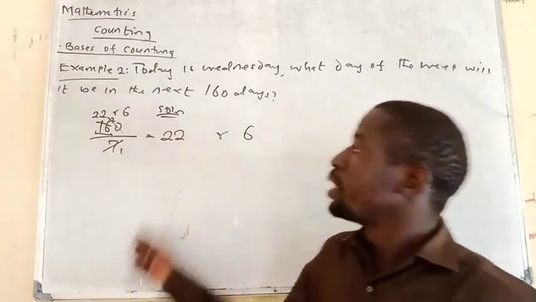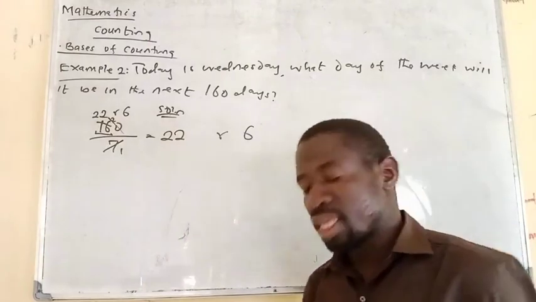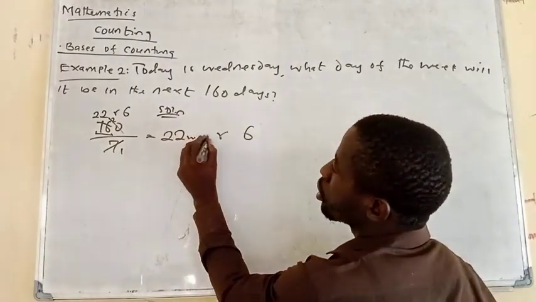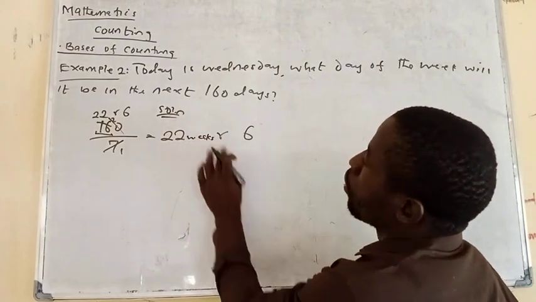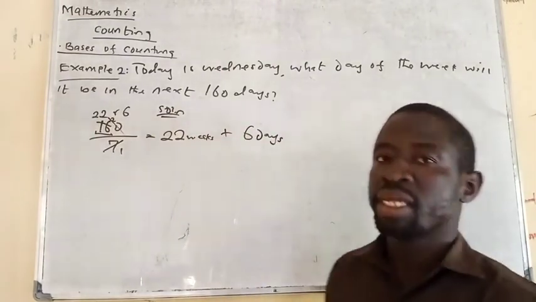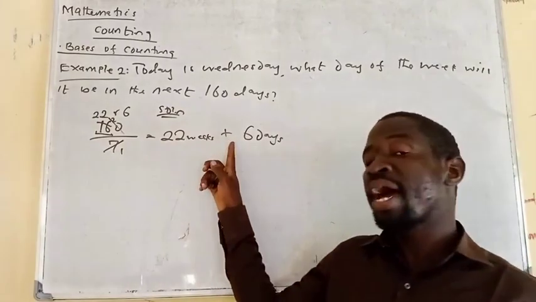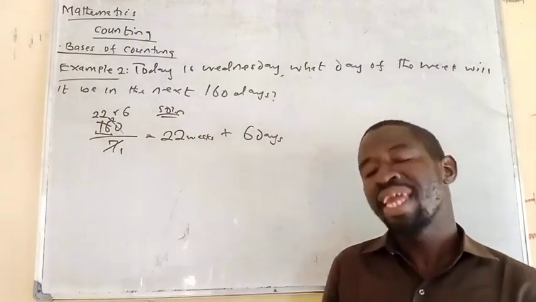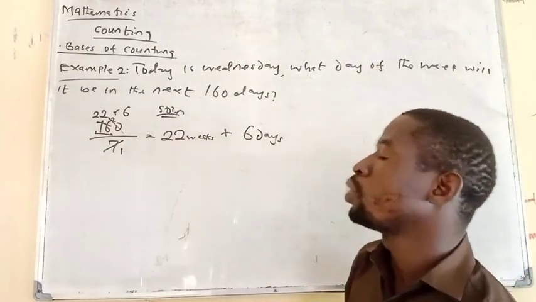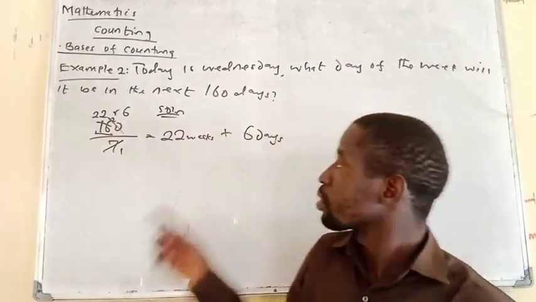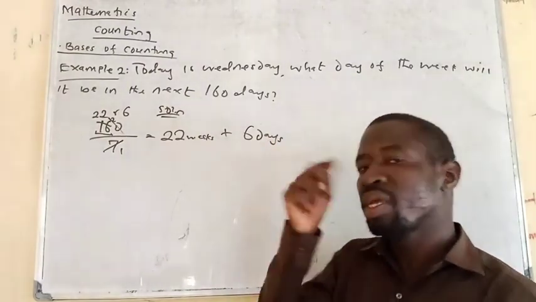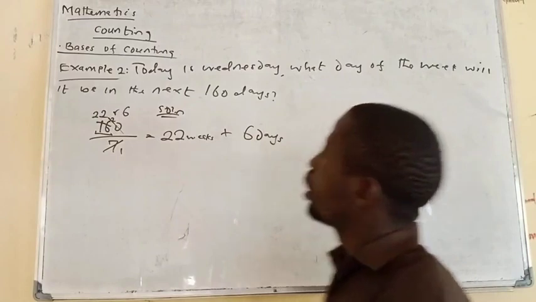Meaning that 160 days, converted into weeks and days, gives 22 weeks plus 6 days. That remainder is just the remainder in the normal calculation, but since we are dealing with weeks and days, and it is not up to a week, it must be under days.